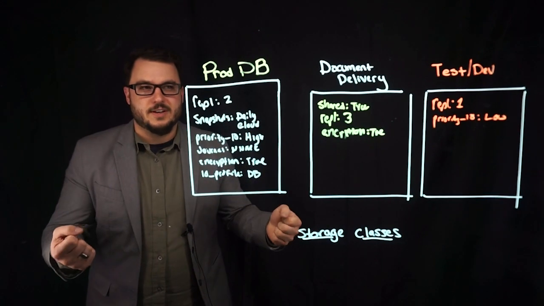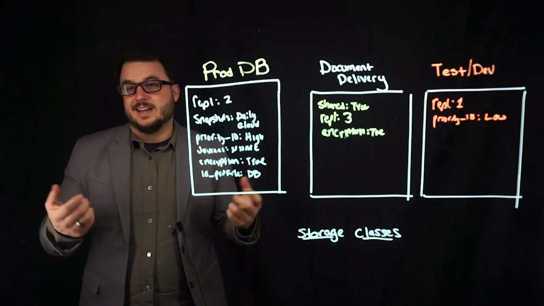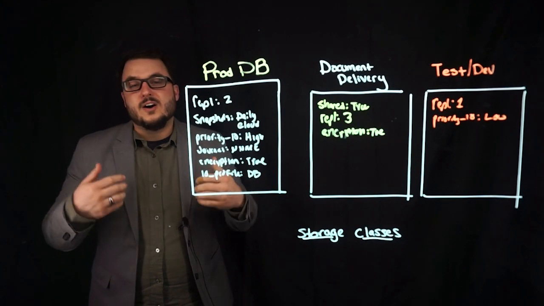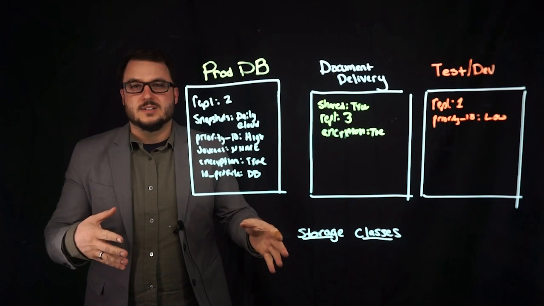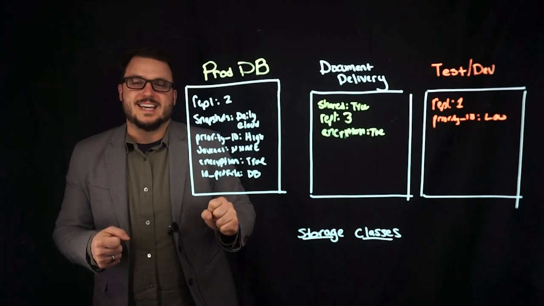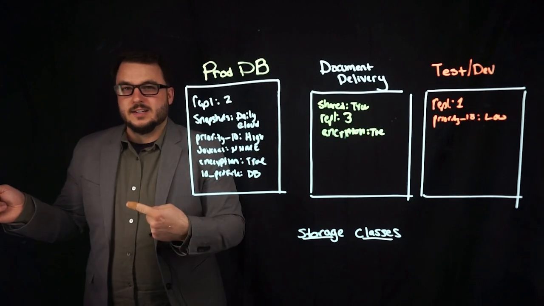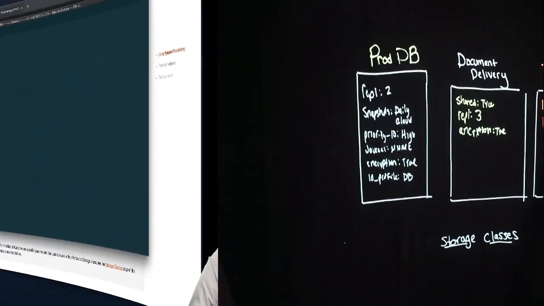You make sure your replication values are right, your shared flags, your encryption flags, your priority flags, your profile flags, everything is set. And there are ways to let Portworx create a bunch of storage classes for you, in case you don't want to be part of this and you just want to get going and choose a storage class. Okay, well, let's go back to our lab. I'll see you over there.